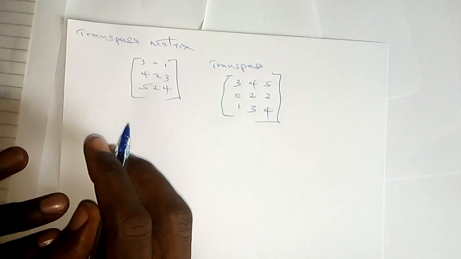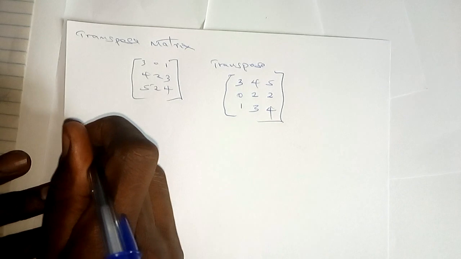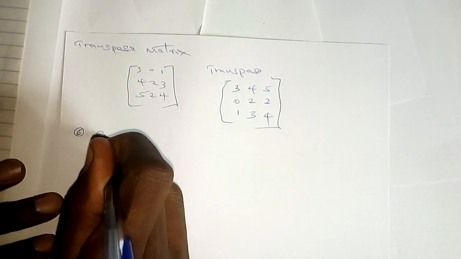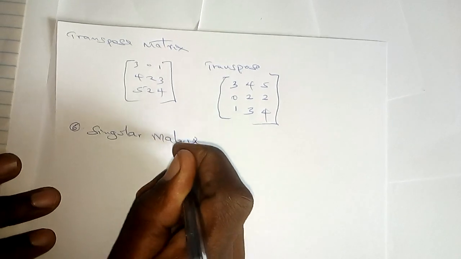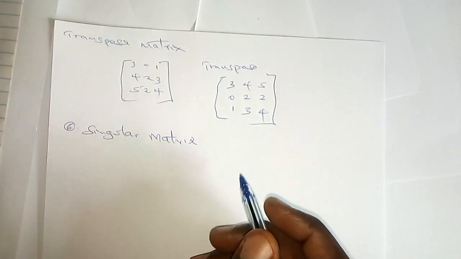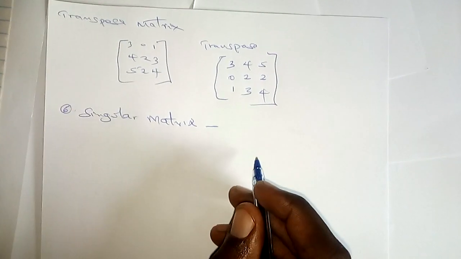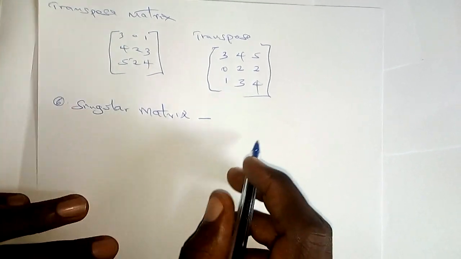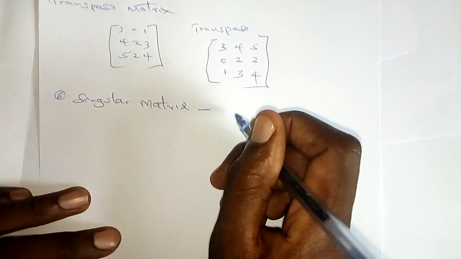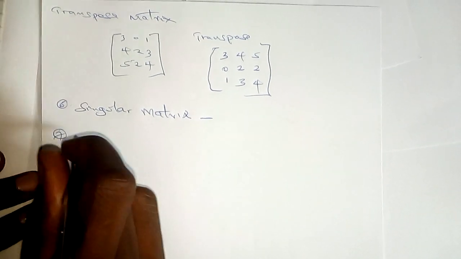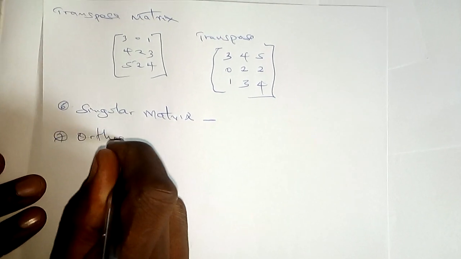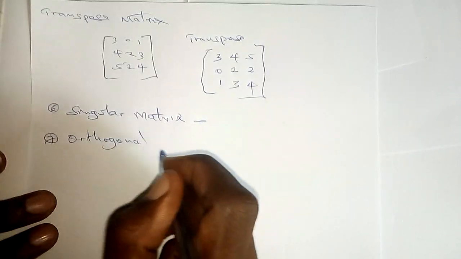Now we have a singular matrix, number 6. A singular matrix is a matrix whose determinant is 0 or has no inverse. We have number 7, orthogonal matrix.